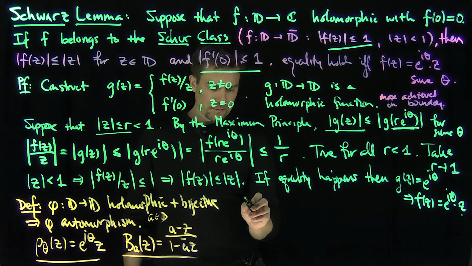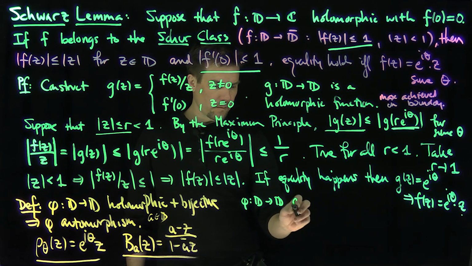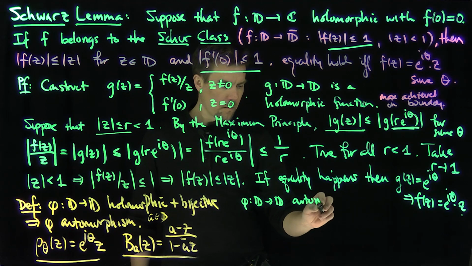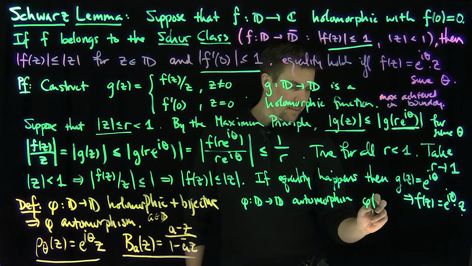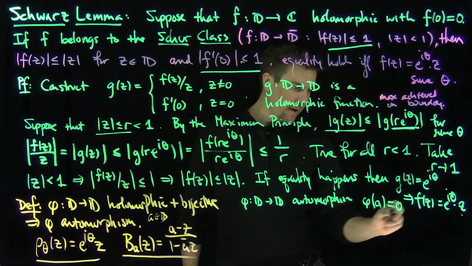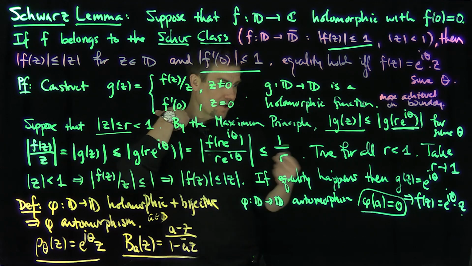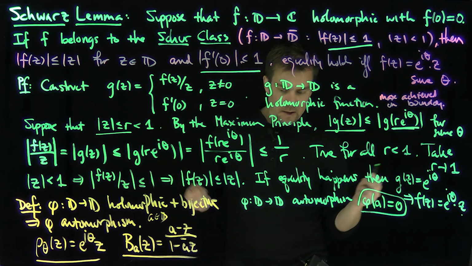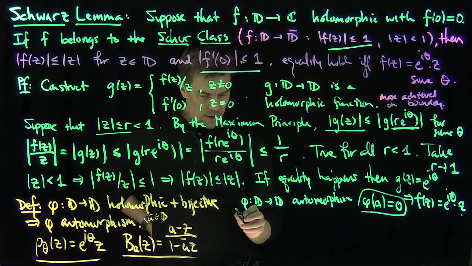So suppose phi maps D to D, an automorphism. Then phi has to map some point to 0, right? So phi of a has to be 0 for some value of a, and only one value goes to 0. And what I'm going to do is construct psi.